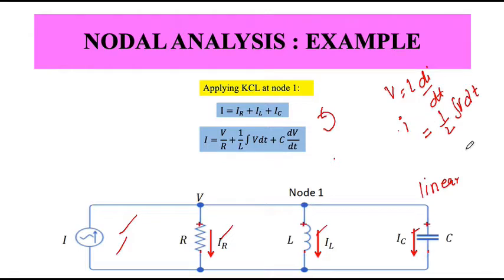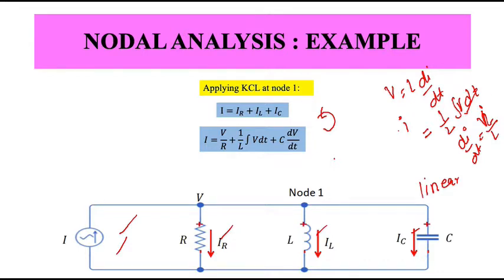Or even I can write di by dt is equal to V by L. So I simply becomes 1 by L integration of V dt.